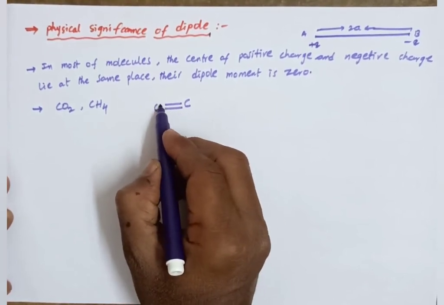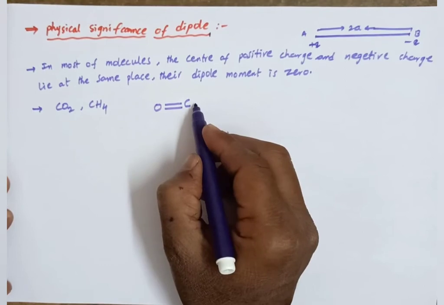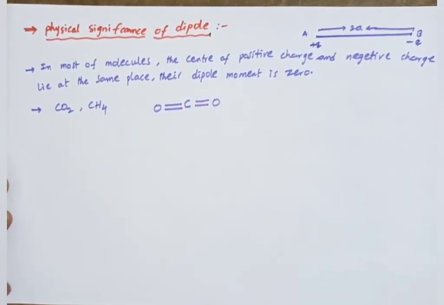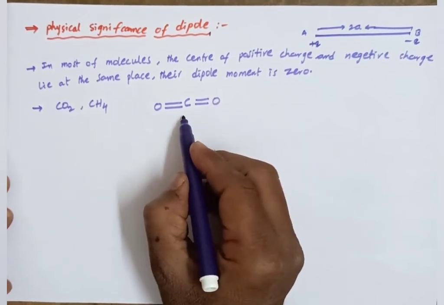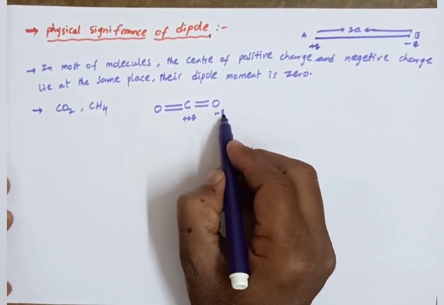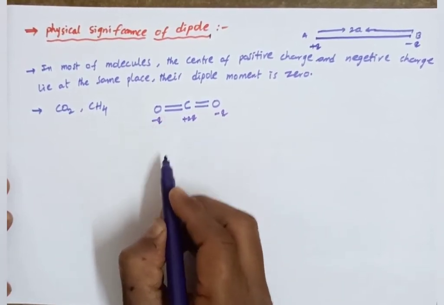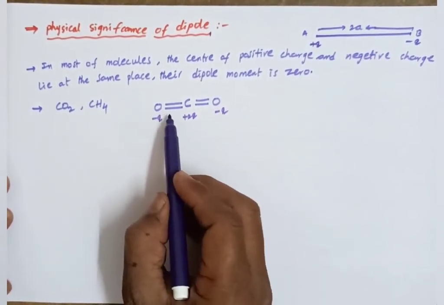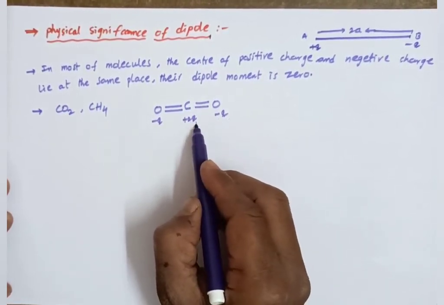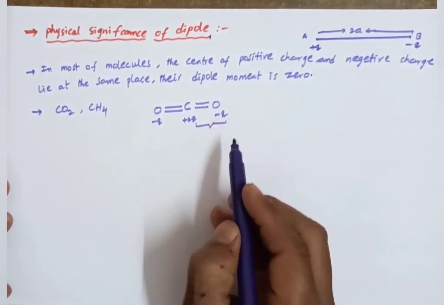Here it is plus 2q, and it is minus q, minus q. The dipole is between minus q and plus q, and another dipole between minus q and plus q.